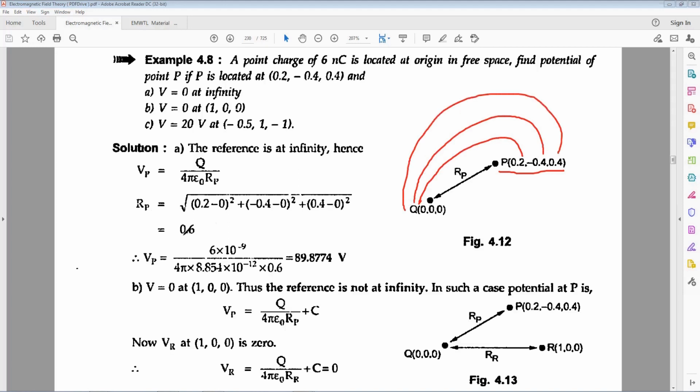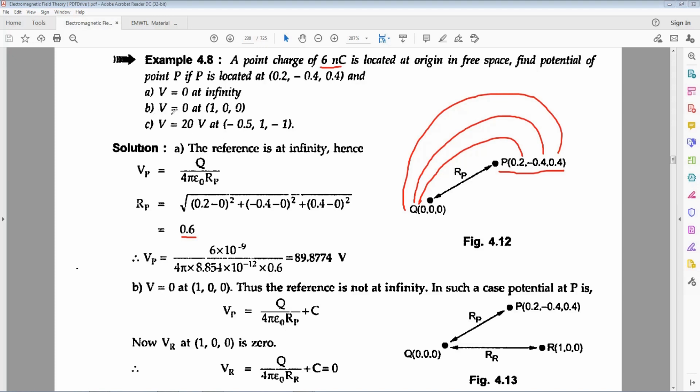So our value is given, it is 0.6. Substitute the values here for the 6 nanocoulombs, 6 into 10 to the power of minus 9. And R we got by taking Q at the origin and the point P at 0.2, minus 0.4 and 0.4.